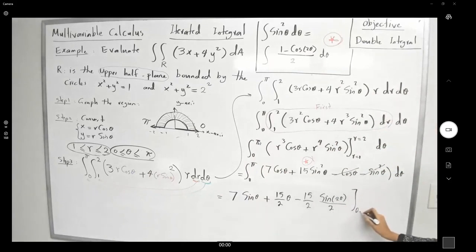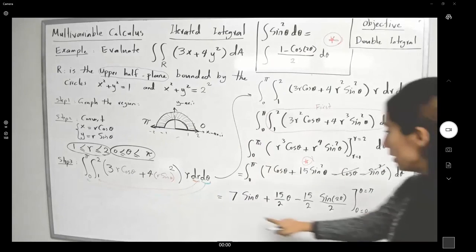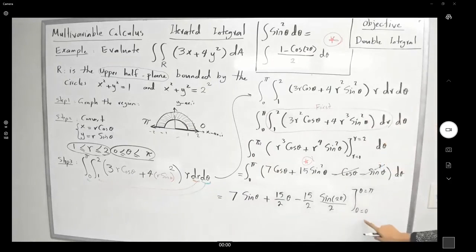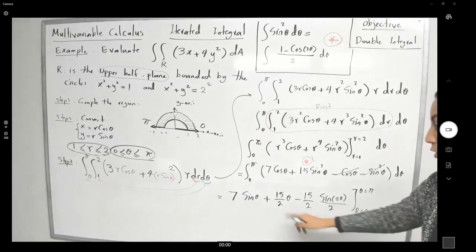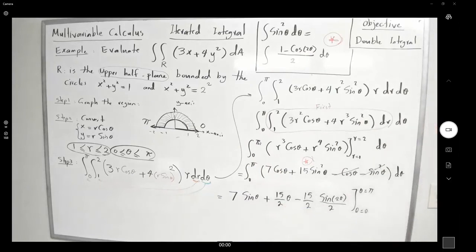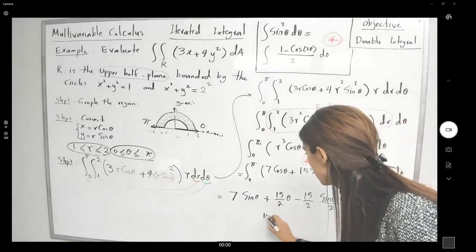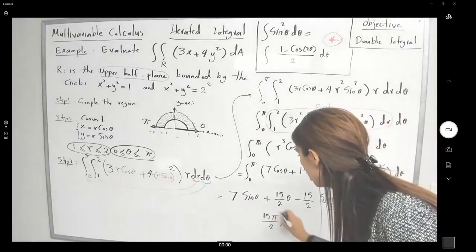And theta ranges between 0 to pi. Very good. So if I plug in pi, this guy is going to be 0. If I plug in 0, these two are equal to 0. And again, 15 over 2 times 0 is 0. So what's left? Here you have 15 pi divided by 2.